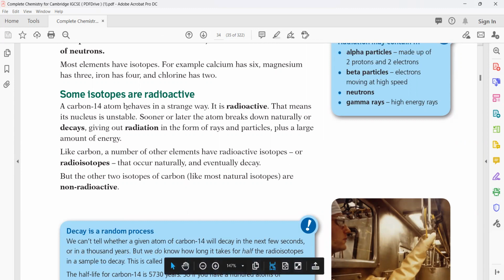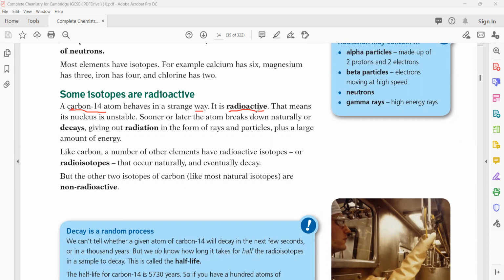Now look here. What it's going to tell you is that carbon 14 atoms behave in a strange way. How? It is radioactive, meaning radiations are coming out from them. That's the reason we call them radioactive. That means the nucleus is unstable. Sooner or later, the atom breaks down naturally, or decays, giving radiations in the form of rays and particles plus a large amount of energy.